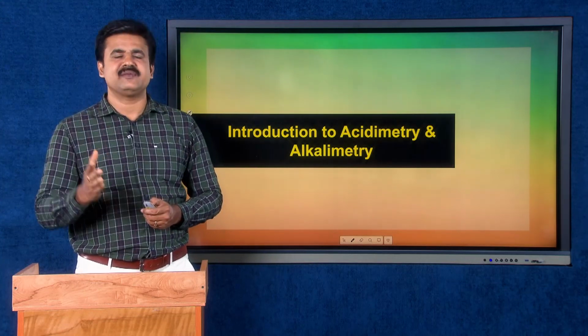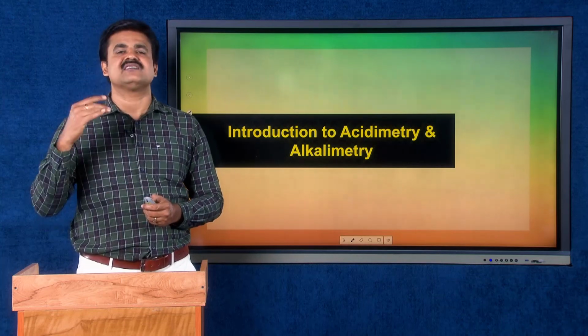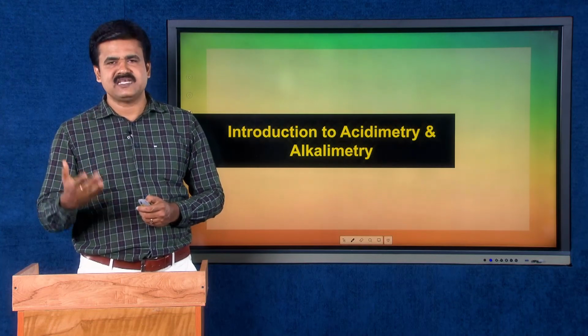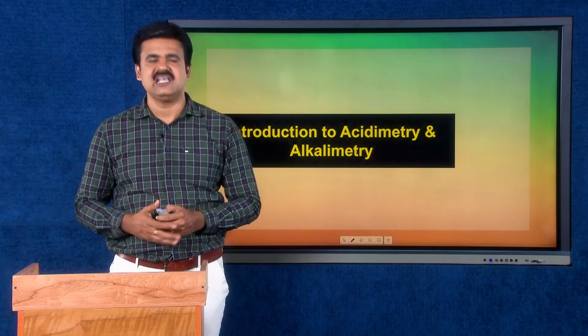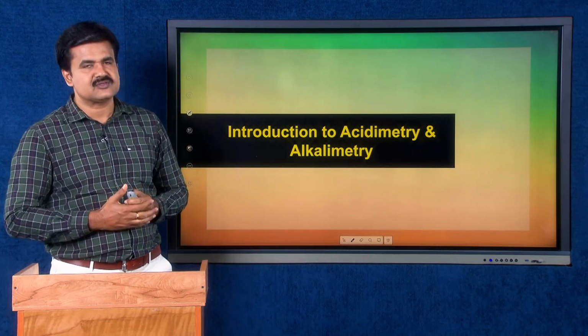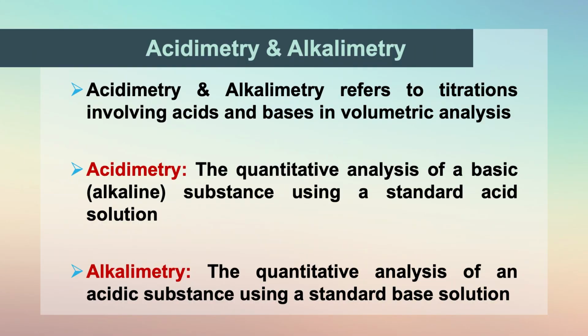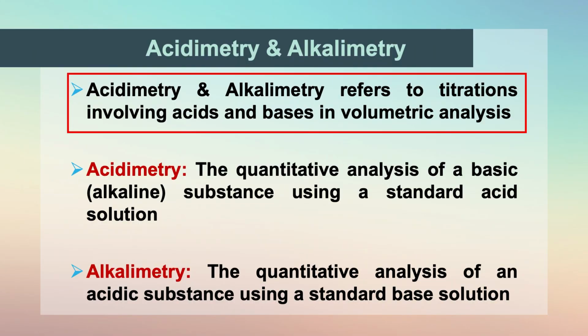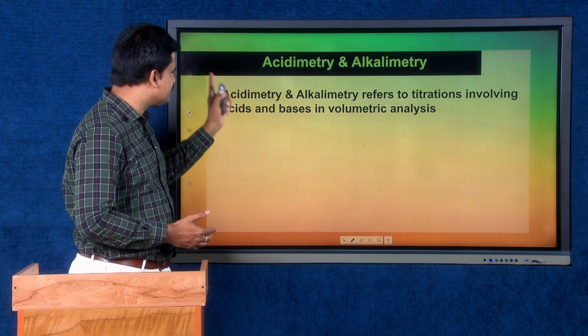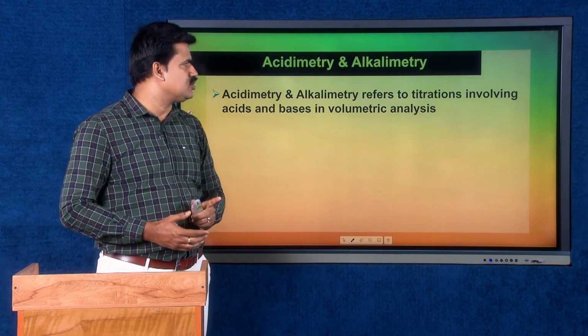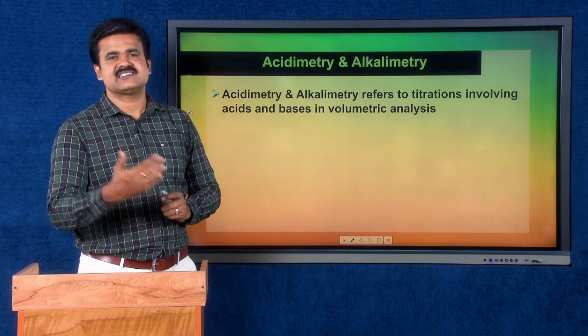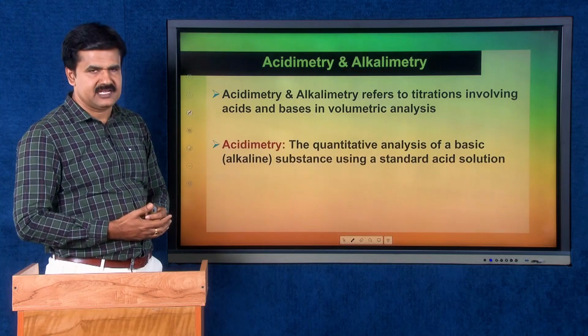Acidimetry and alkalimetry are broad names which involve acids as well as bases in volumetric analysis, and we are entering into more details. Acidimetry and alkalimetry refers to titrations involving acids and bases in volumetric analysis. This point is very relevant.